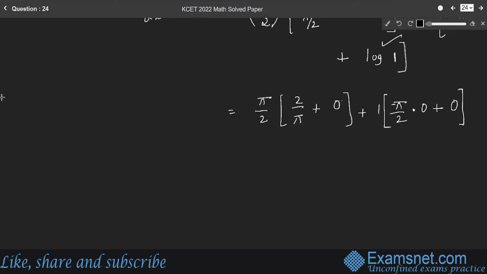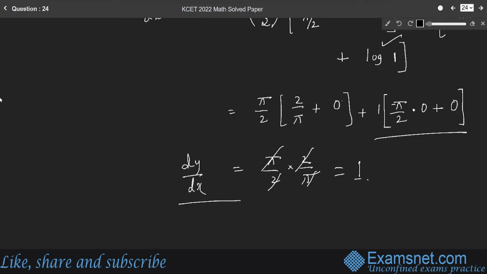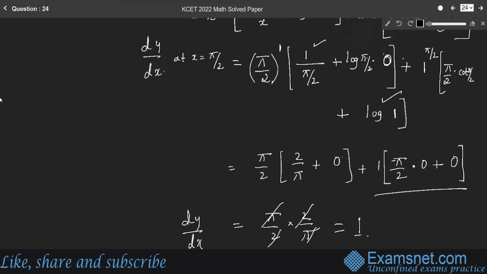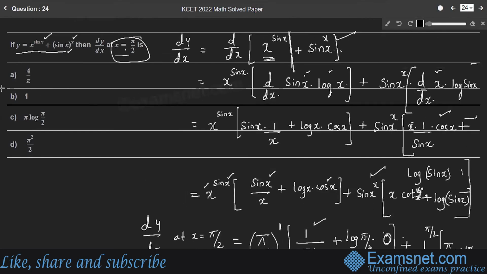Therefore, at the end we have pi by 2 into 2 by pi, and the remaining terms are 0. So pi by 2 into 2 by pi is 1. Therefore, dy by dx at x is equal to pi by 2 is 1. Hence, option B is the right answer.